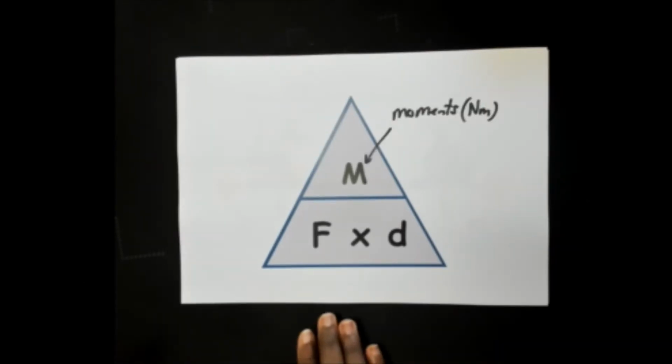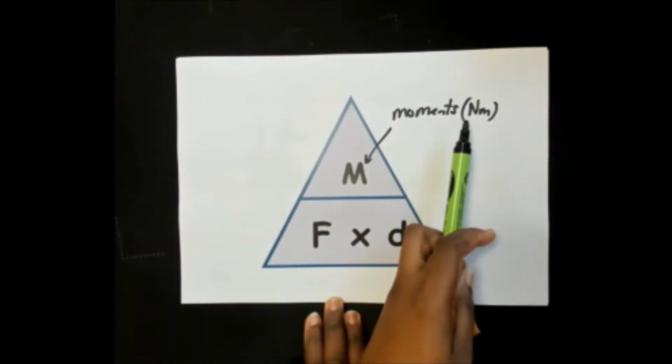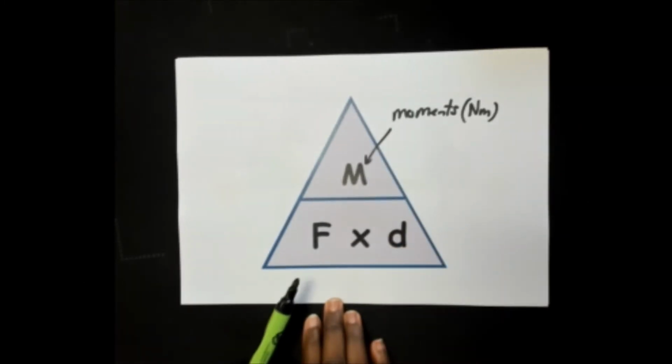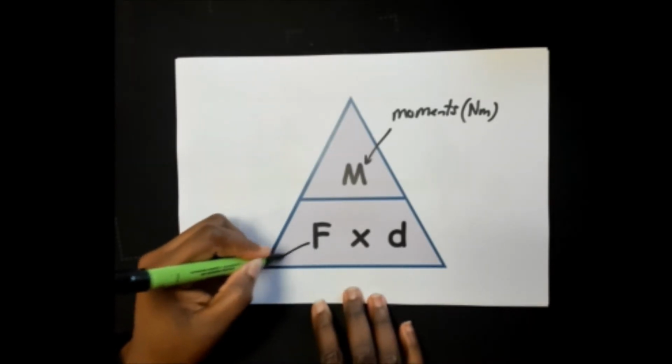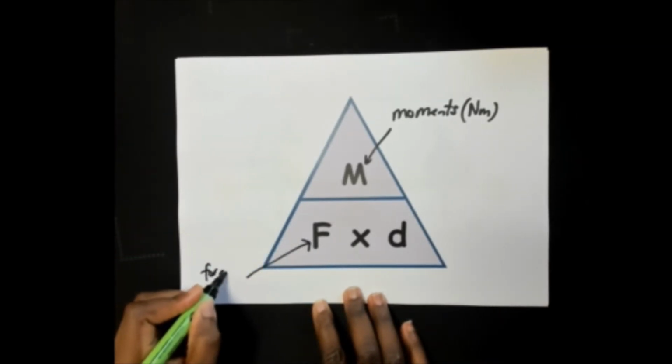Here we have the formula triangle for calculating moments. The symbol for moment is M. Moment is measured in newton meters. It's newton meter because it's the unit for force and the unit for distance together. Force is F and is measured in newtons.